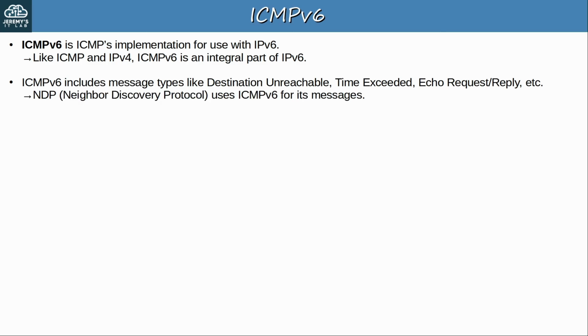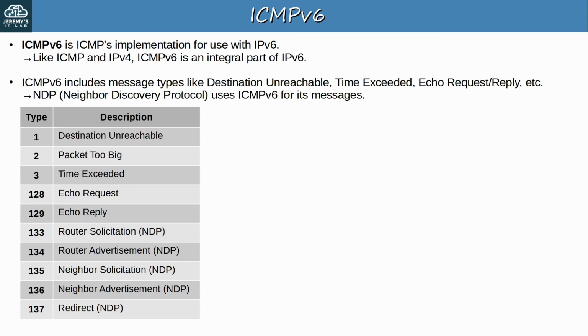For example, NDP, Neighbor Discovery Protocol, uses ICMP v6 for its messages, as you should already be aware from your CCNA studies. Let's look at a few example messages. Destination Unreachable, ICMP v6 Type 1, is basically the same as for ICMP v4. There are some different codes, but the purpose is the same.